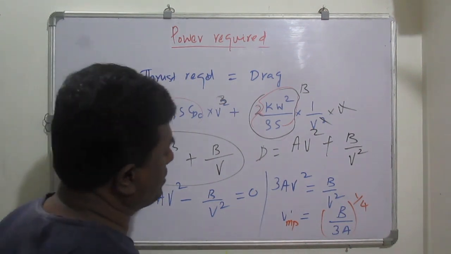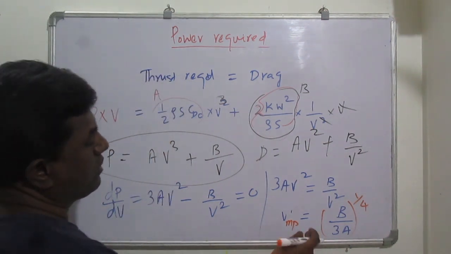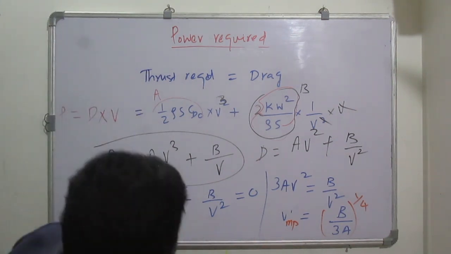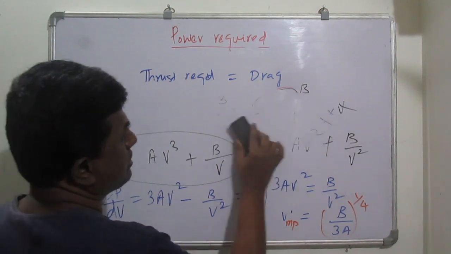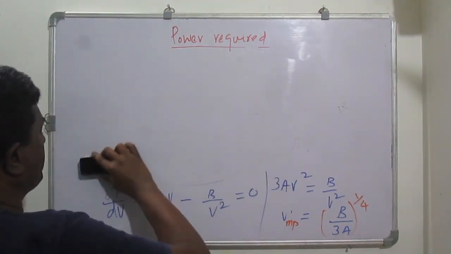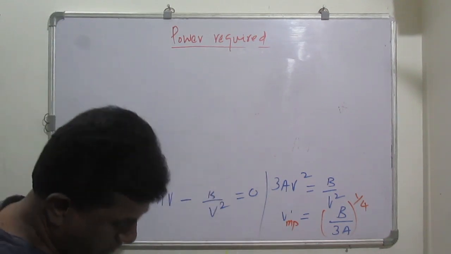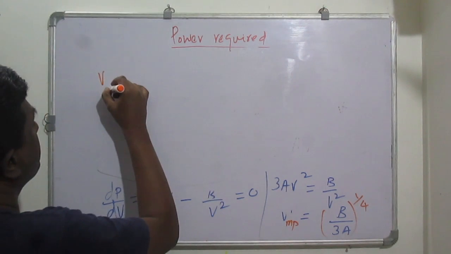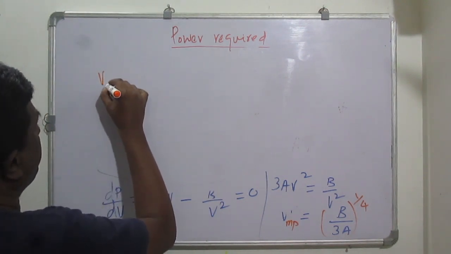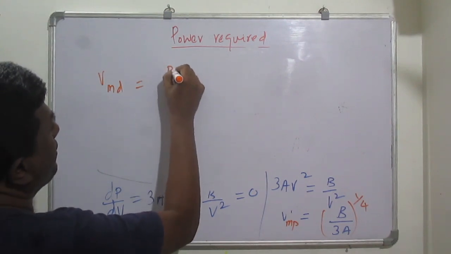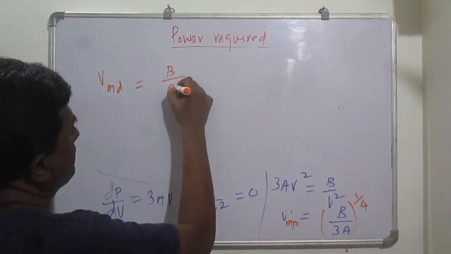Also we know velocity at minimum drag. Velocity at minimum drag is nothing but this equation: velocity at minimum drag is b by a, whole power 1 by 4, if you are differentiating the equation.